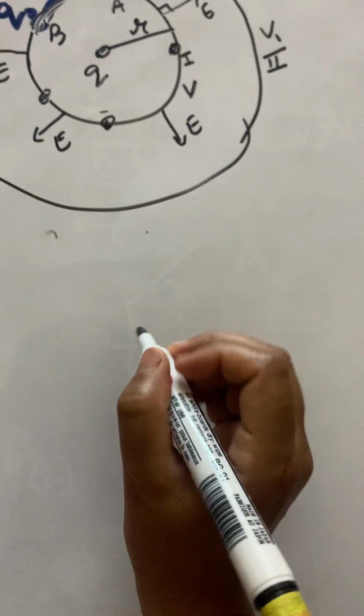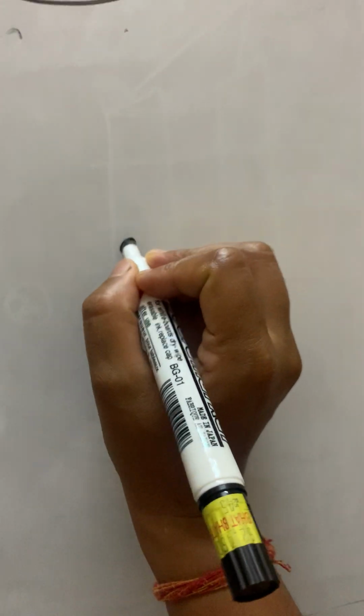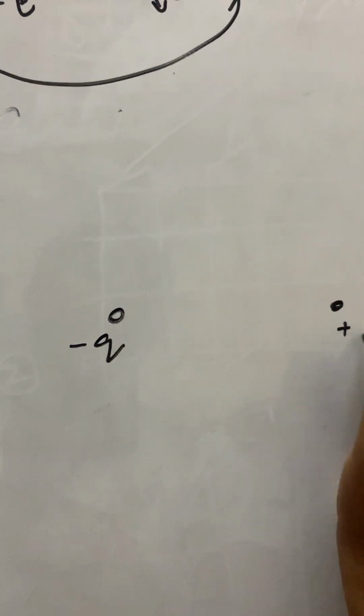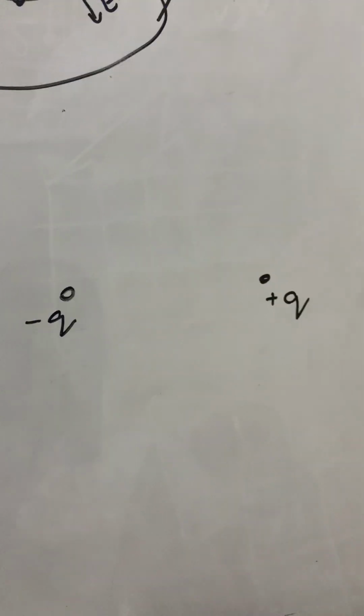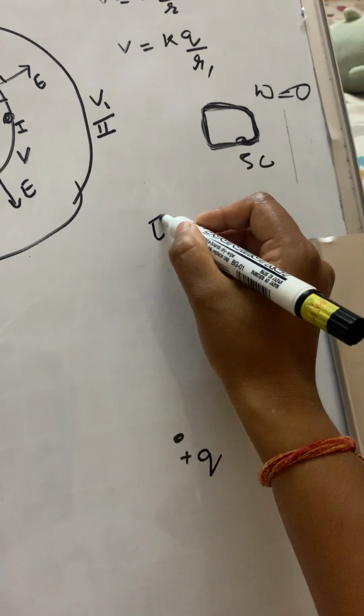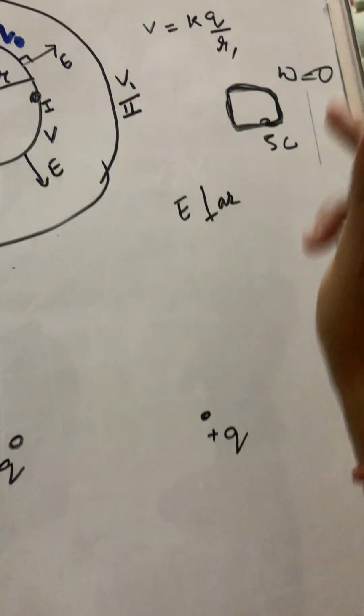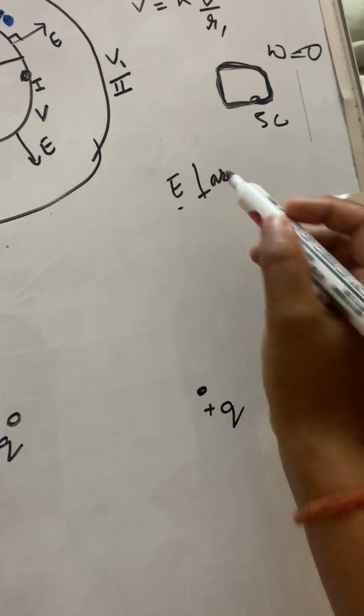Now similarly we can make it for the dipole also. In your syllabus all these things are there. Suppose here is a dipole, Q and Q. Now this is a system of charges, right? The electric field should be perpendicular to the surface. Now make the field lines.